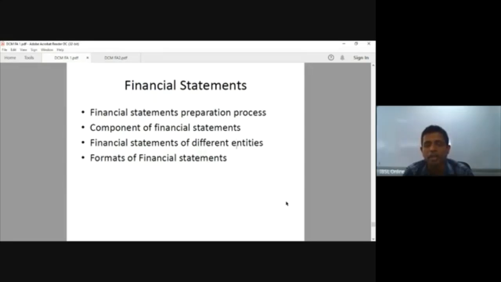Only income and expenses accounts will go to 0 and transfer to the income statement, right? At the year end, we'll take a trial balance and prepare the income statement and the balance sheet. Out of the main 6 statements, those 2 are the main statements that we prepare for an organization.